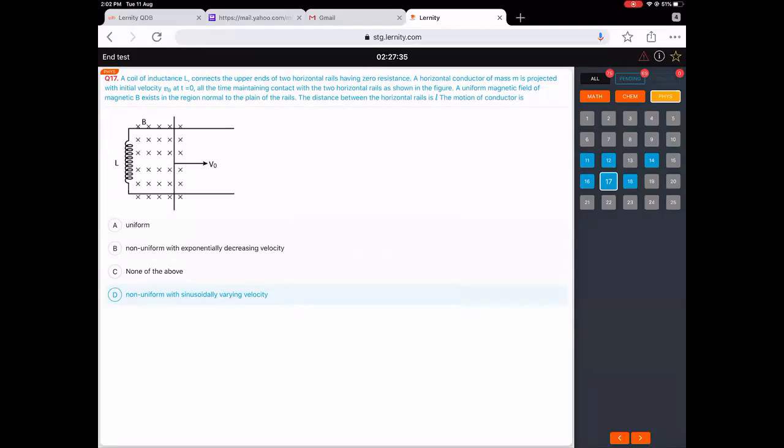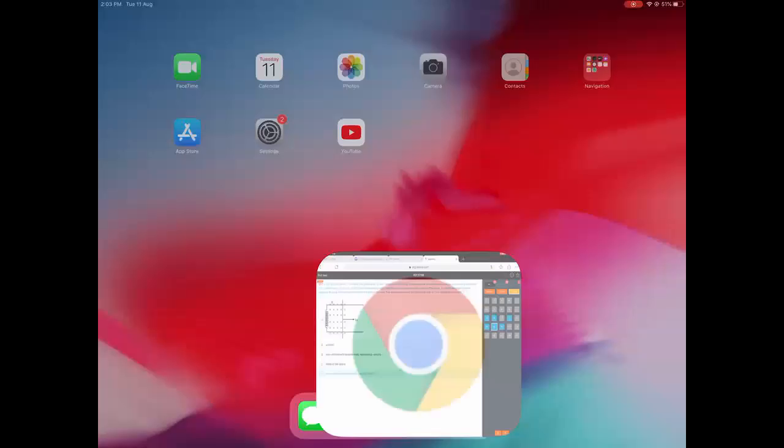A coil of inductance L connects the upper ends of two horizontal rails. A horizontal conductor of mass M is projected at time T, maintaining contact with the two horizontal rails as shown. A uniform magnetic field B exists. The motion of the conductor is what? Okay, nothing is given to you.